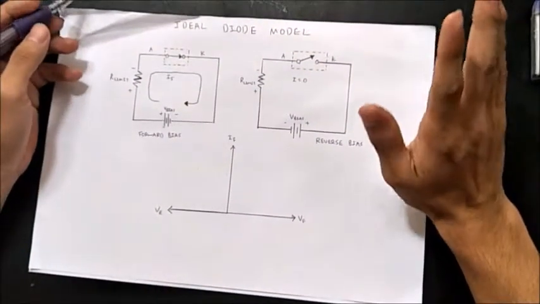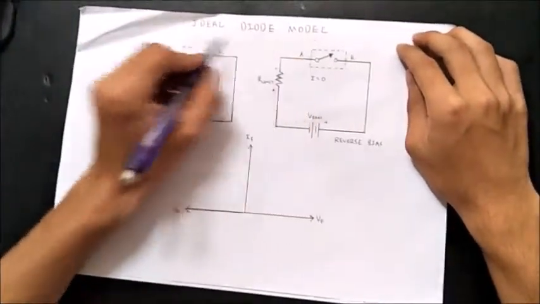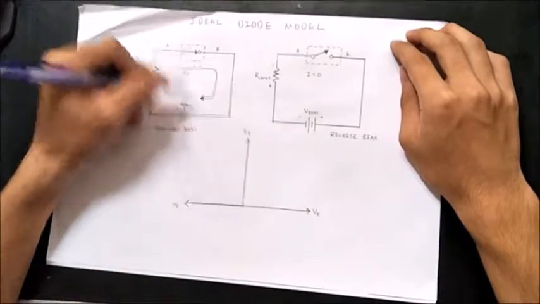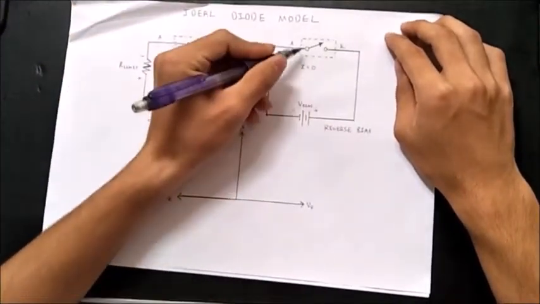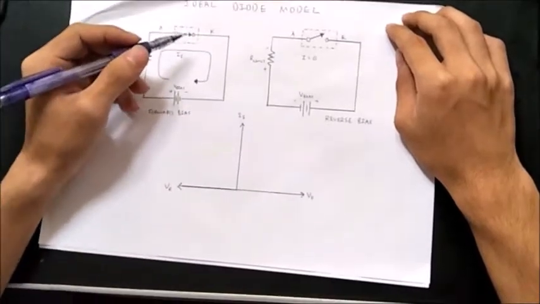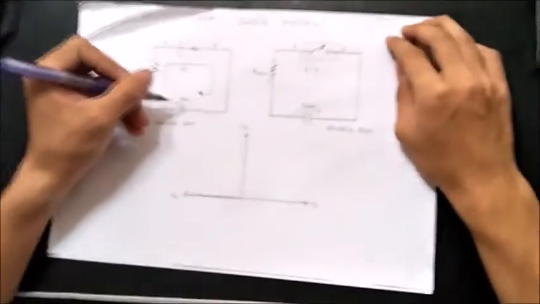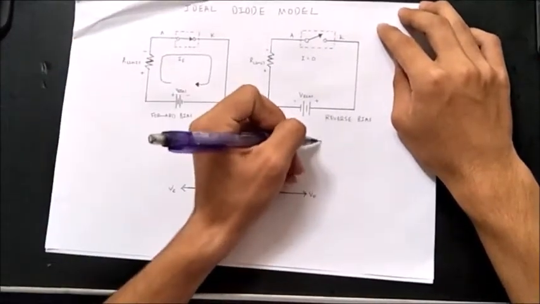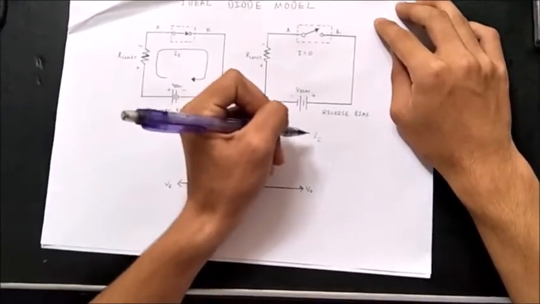Hey guys, now I want to talk about the diode models. First is the ideal diode model. It is a simple switch, with forward bias for a closed switch and reverse bias for an open switch. The barrier potential, forward dynamic resistance, and reverse current are neglected. Therefore, the forward voltage and the reverse current are equal to 0.